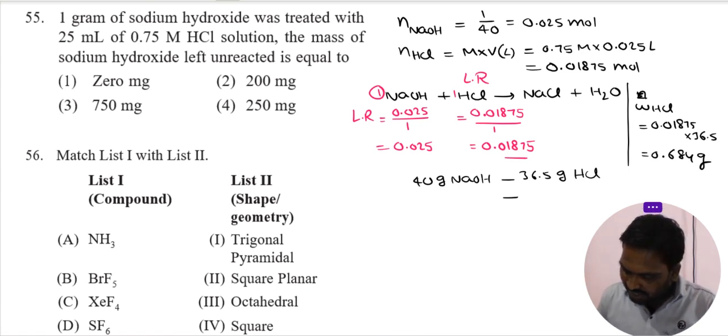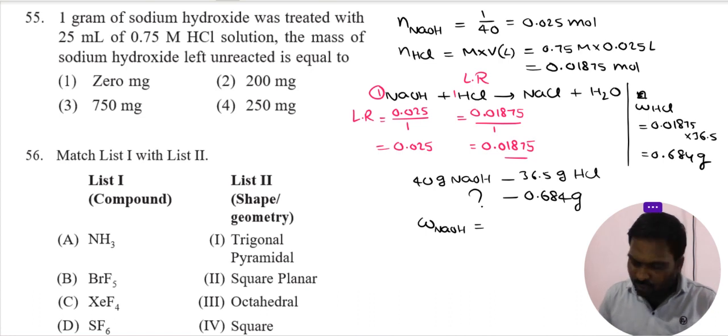Now you have to calculate how much of the 0.684 grams reacted. So sodium hydroxide reacted is equal to 40 into 0.684 divided by 36.5, value 0.75 grams.